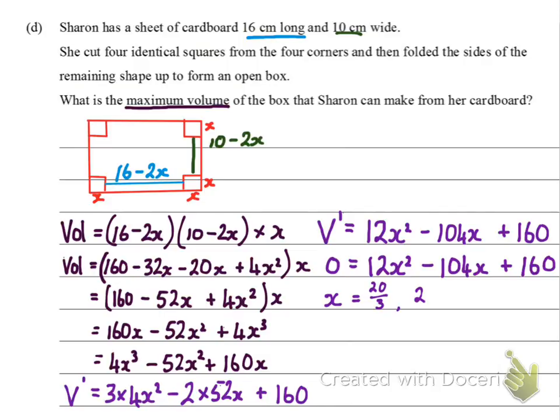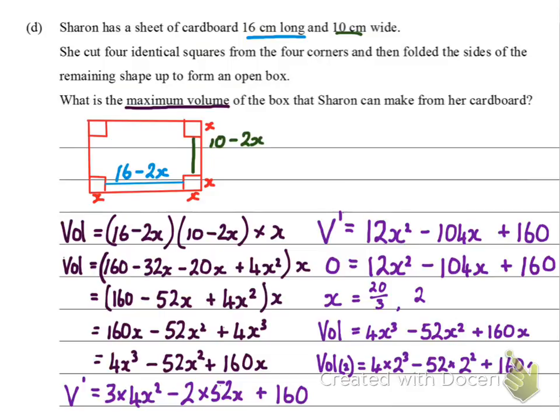One of those is a maximum, one is a minimum. When you put 2 into the equation, it gives you a maximum volume of, let's wait for it, 144 centimetres cubed. If you put 20 over 3 in there, you'll find it's not the maximum volume. That's excellence. That's easy, wasn't it?